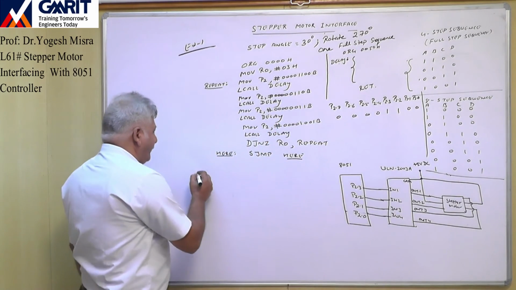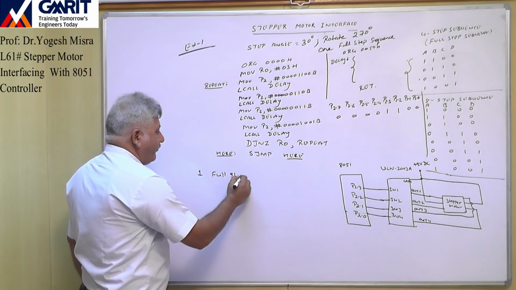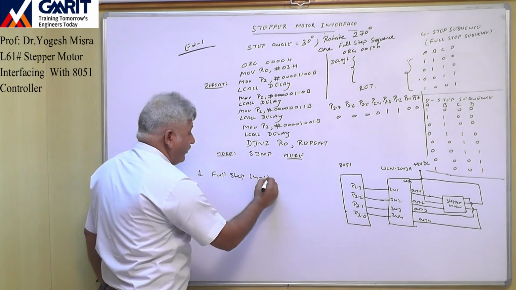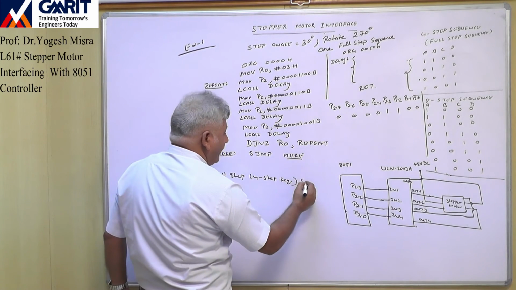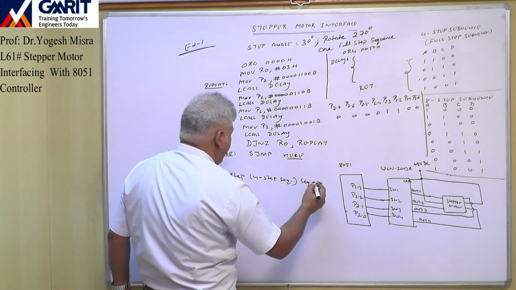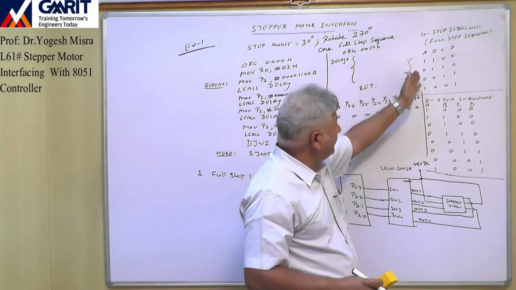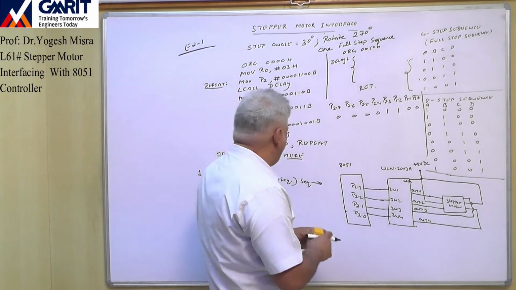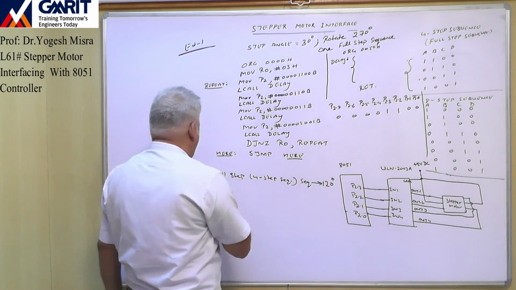We know that one full step means a 4-step sequence. One full step sequence means all of these sequences together. It rotates the motor by 120 degrees.